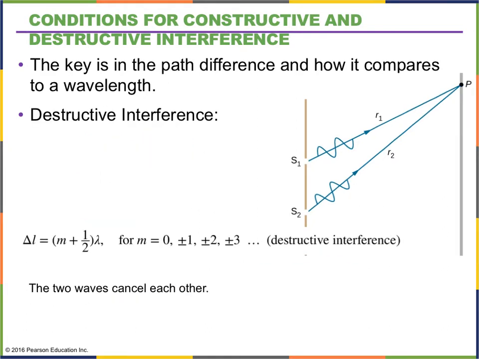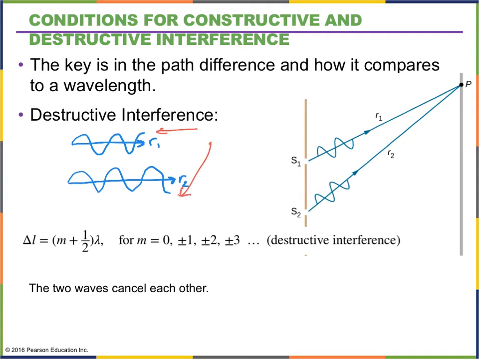Now, another possibility is, what if when they get to their location, they're doing exactly the opposite? So what if I have R1, and so my wavelength was like this. Excuse my not drawing it really good, doing my best. So if we add up these two, you know that those two are going to cancel each other out.